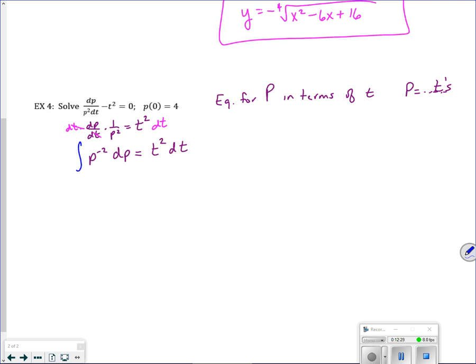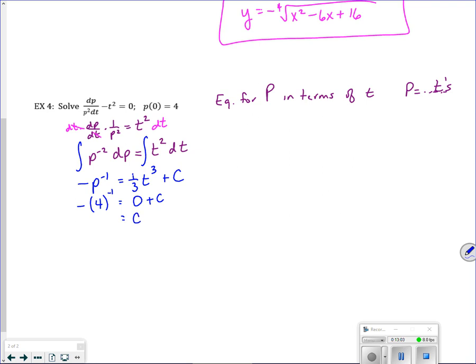Let's integrate and integrate. So increase the power by 1, so that's p to the negative 1, divide by the new power, is equal to 1/3 t cubed plus C. I've got to put that there. And if you're following what I've said, you're going to plug in 0 for t, and you will get out 4 for y.